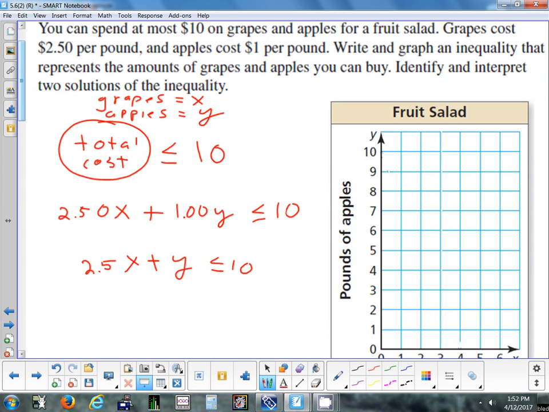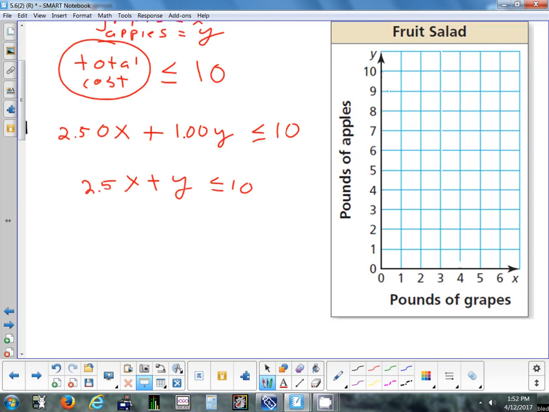Now, there's a couple different ways we can graph this one. One way is to get y by itself. And I think that's what we'll do here. So can anybody tell me my last step to get y by itself? Marissa? Yep. Subtract 2.5x. Subtract 2.5x.